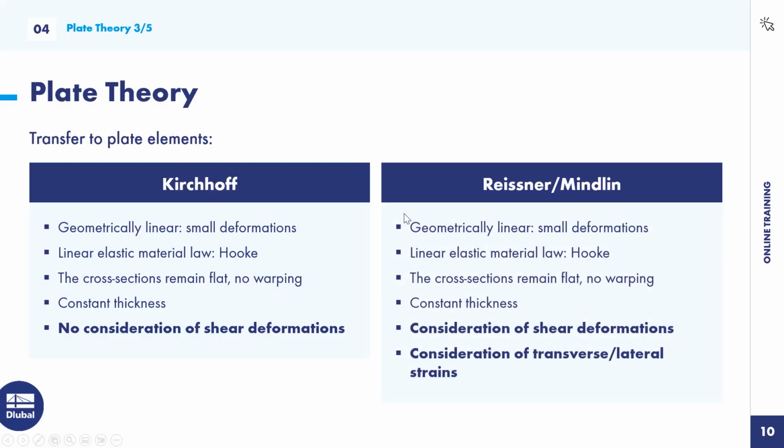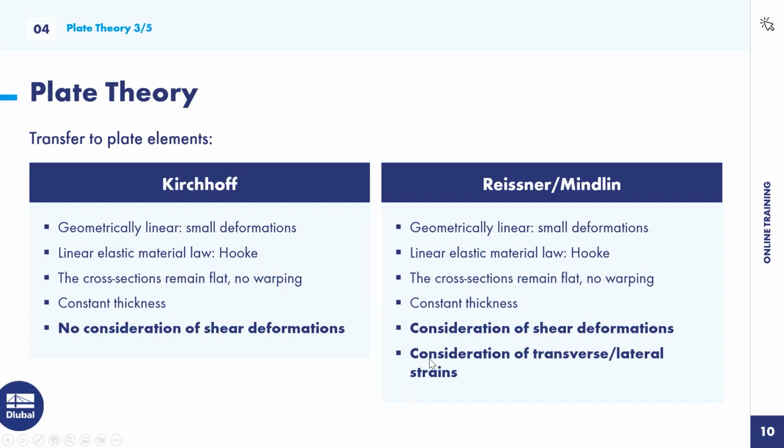Now let's compare the Reissner-Mindlin plate theory. The first four points stay the same. But now there's the difference. With the Reissner-Mindlin, we now have a consideration of these shear deformations.